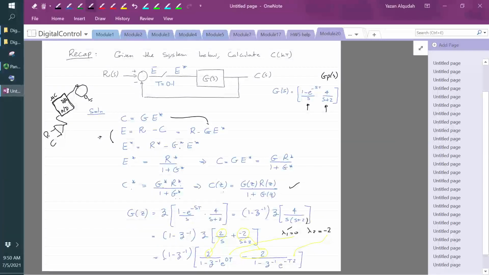So therefore G of Z is going to equal (1 minus Z to the negative 1) times [2 divided by (1 minus Z to the negative 1, e to the 0, the lambda 1), plus negative 2 over (1 minus Z to the negative 1, e to the negative T multiplied by 2)], where this negative 2 is coming from lambda 2.